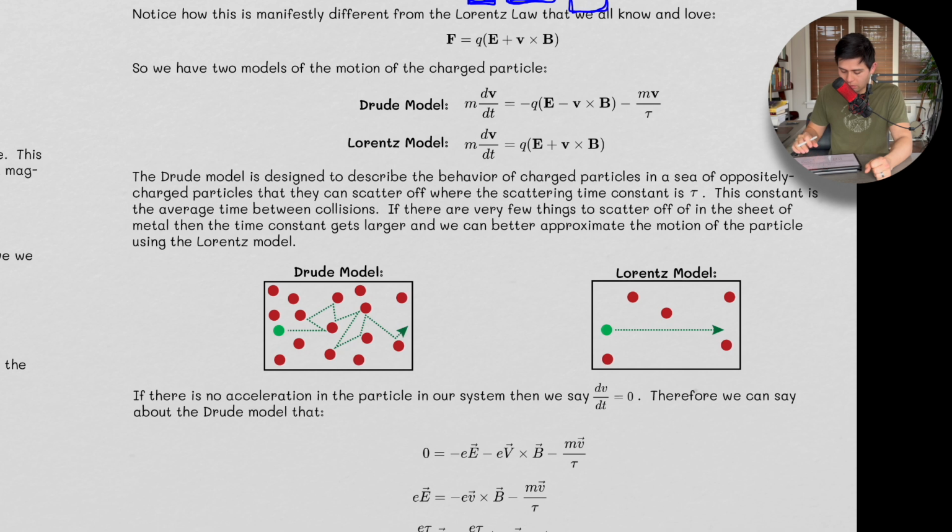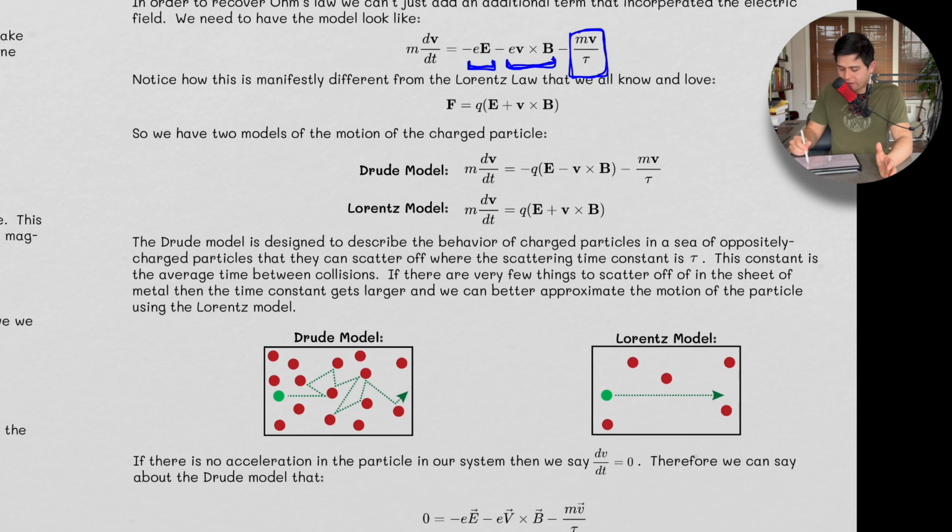The Drude model is designed to describe the behavior of a charged particle in a sea of oppositely charged particles that it scatters off of, where the scattering time constant is tau, okay? So this is like a scattering effect.